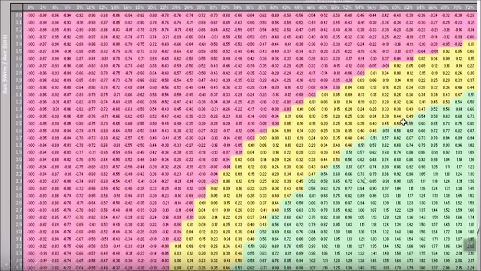Now, what I'm trying to do, as I'll talk about a little bit later, is bring my trading system into the green range where it's above 0.5.